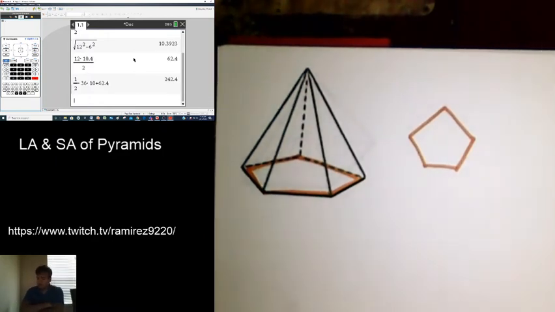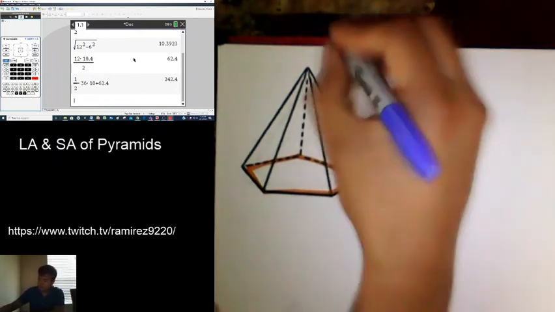In this problem, let us say that you are solving for your slanted height. Okay, I think we should be able to do that.